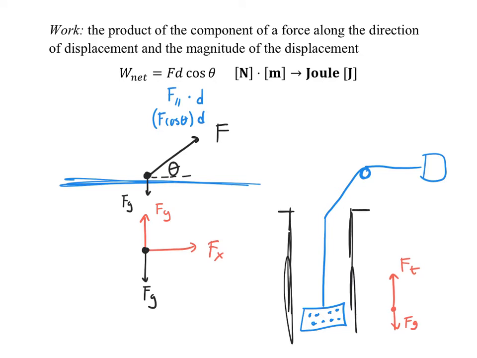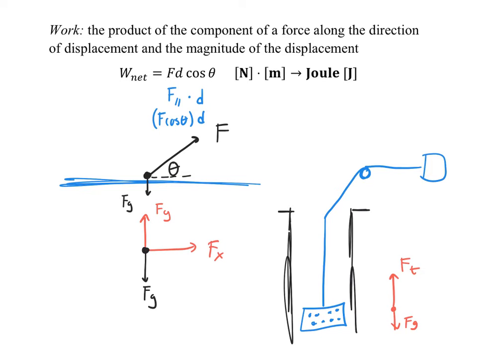I'm drawing tension significantly longer because it's going to move upward. Tension overcomes gravity. In this problem, tension acts up, motion is up, so the angle between these two values is going to be 0. Again, it's moving upward, and the tension is upward.